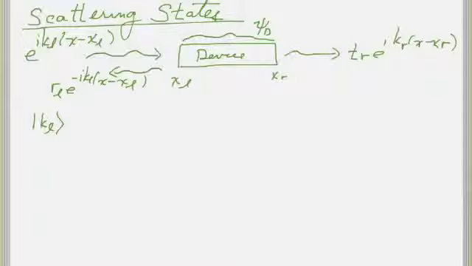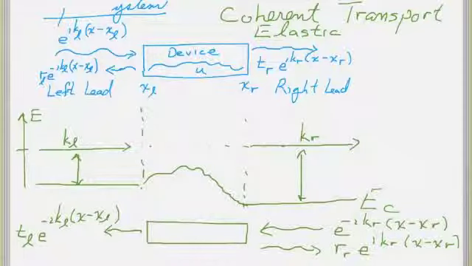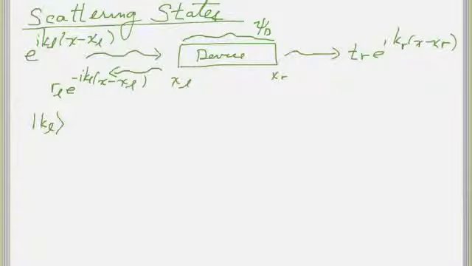You'll create something in the device. All of that is this scattering state. Similarly, you can inject from the right-hand side, going the other way, as we did down at the bottom of the page here. And we would define that state as simply the state that evolves from injecting a wave vector from the right-hand side.